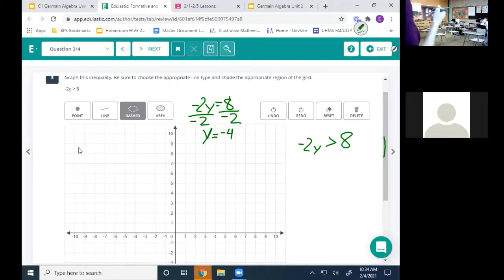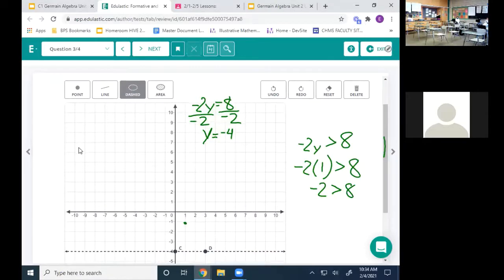Do I have an x to plug in here? No, so I'm just going to plug that y value in. Negative 2 times 1 is negative 2, is greater than 8. Is that a true statement? No, it's a false statement. So where are we going to have to shade?